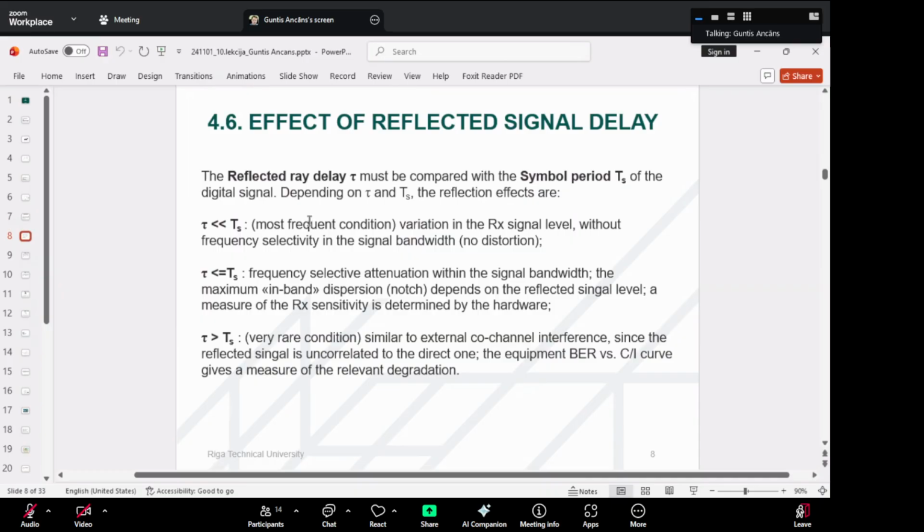In this situation, it is similar to external co-channel interference, since the reflected signal is uncorrelated to the direct one. The equipment gives a measure of the relevant quality degradation.